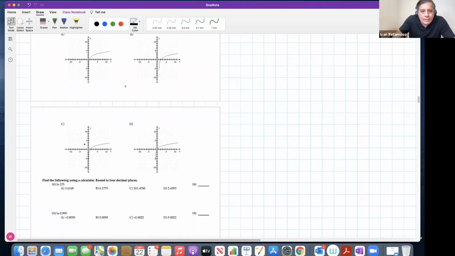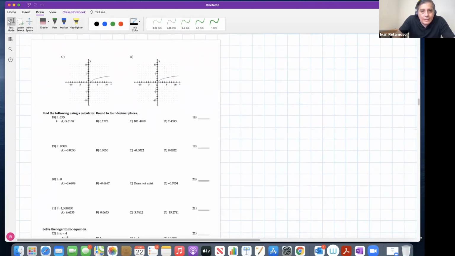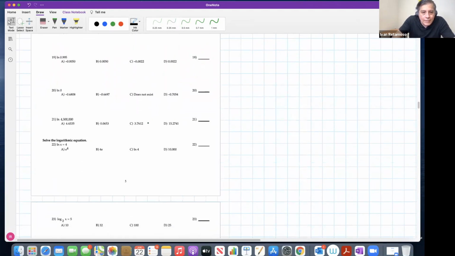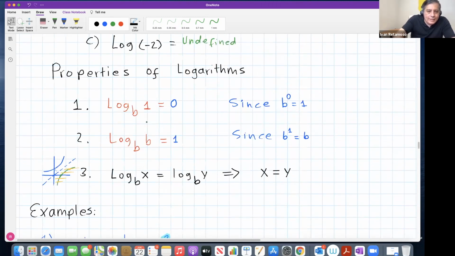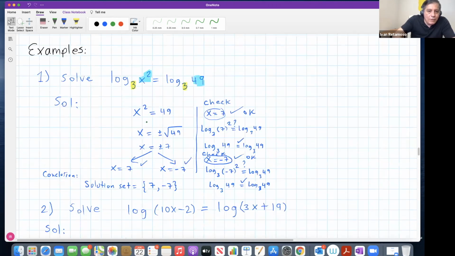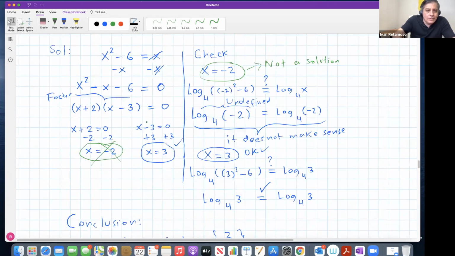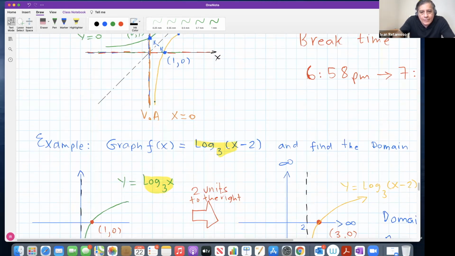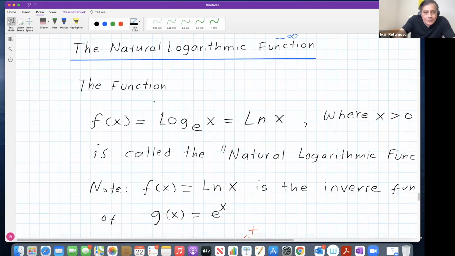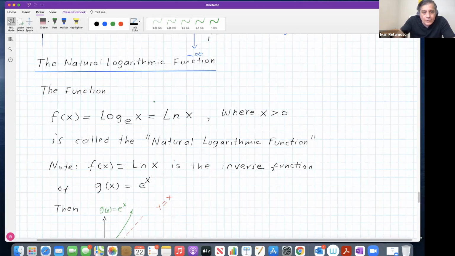Next question, this one you can do at home. Let's talk about natural logs now, ln. Remember, yesterday we studied the natural exponential function, the exponential function having the base e, Euler's number.